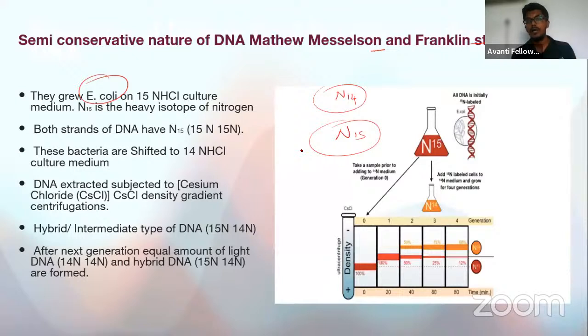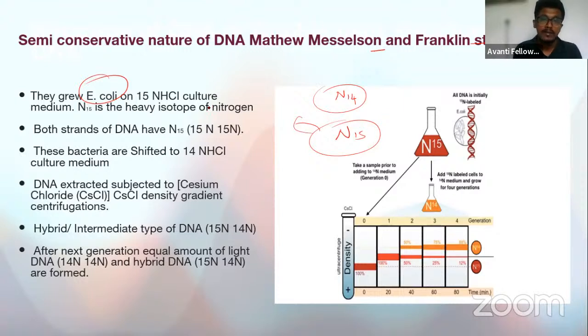So N15 nitrogen, how do they incorporate it? Why do they need this? When the DNA is made up of nitrogenous bases, these organisms definitely need this element called nitrogen to construct some material.